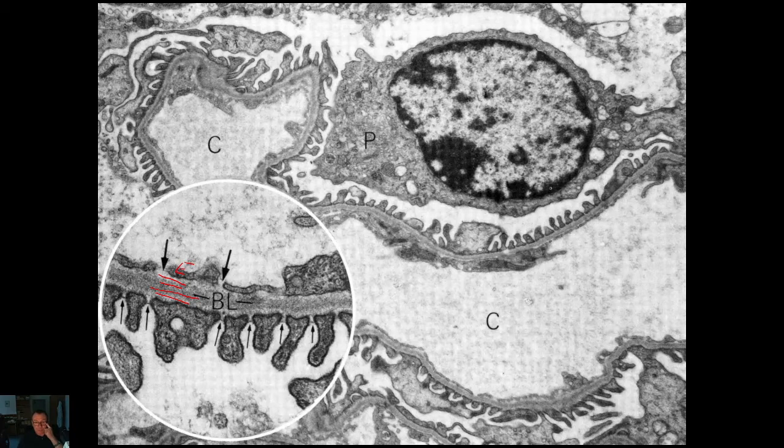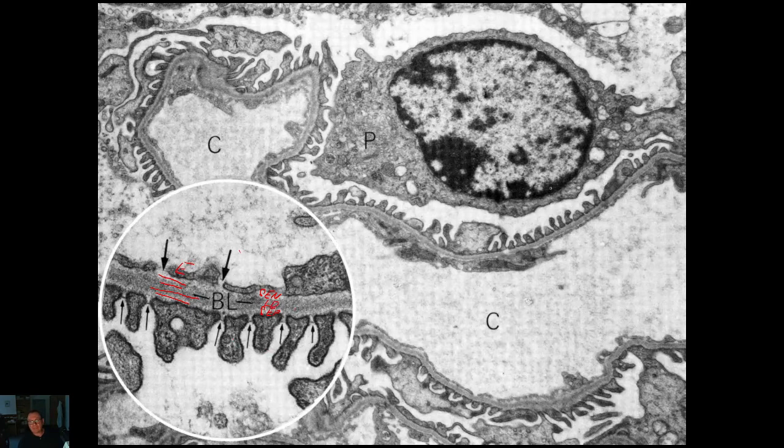So this complex of fused basal laminae is composed of lamina lucida subendothelialis, it is this one, lamina lucida subepithelialis on the other side under the podocyte, and the complex of fused laminae densae in the center.